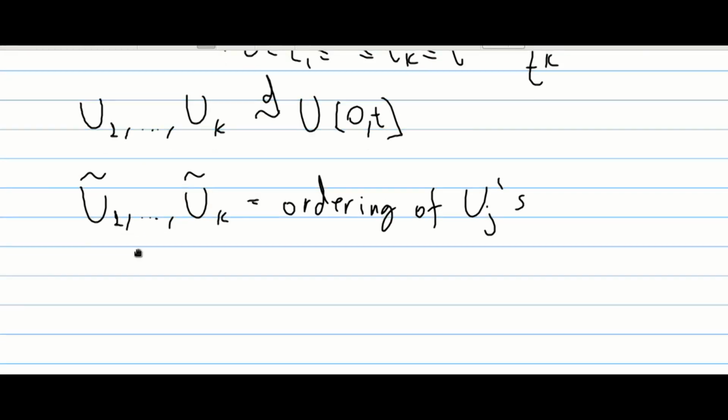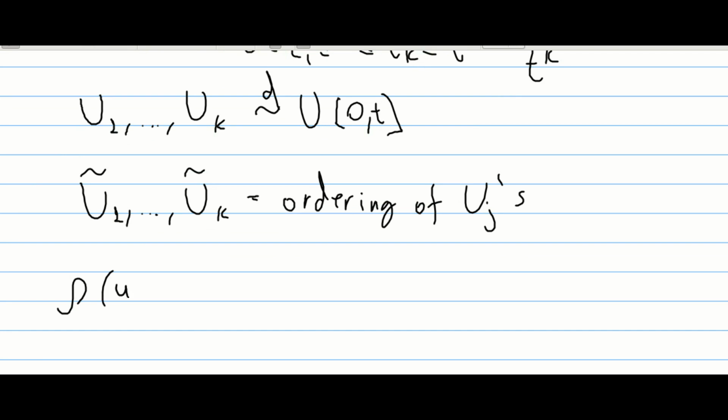So what's the distribution rho of Ũ_1 all the way up to Ũ_k? Definitely there will be some indicator that they are ordered, because we are requiring them to be.